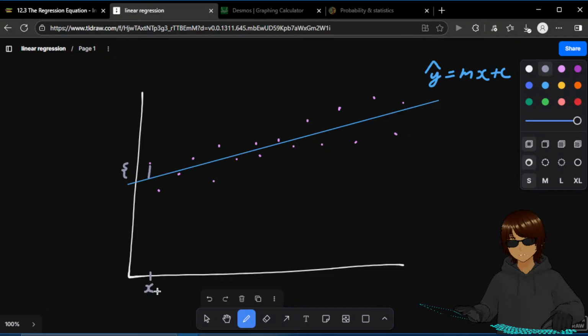I call this x naught. This is sigma naught, and so on for each point.